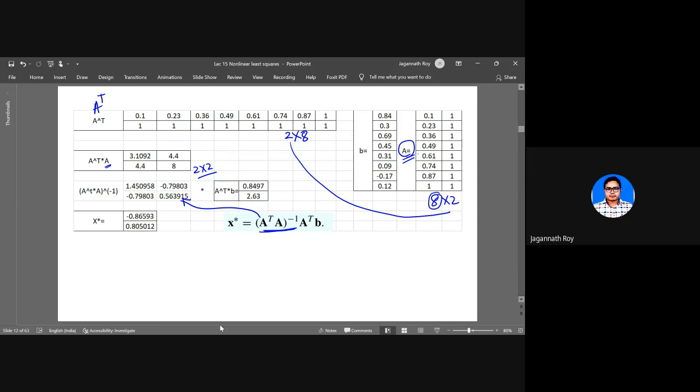If you calculate in Excel, and then the right hand side part is remaining. So this is A transpose, and B is there.